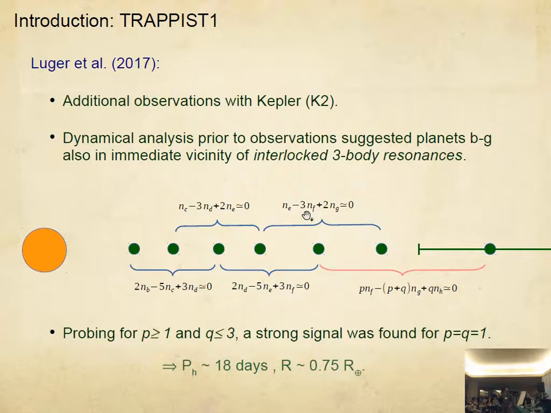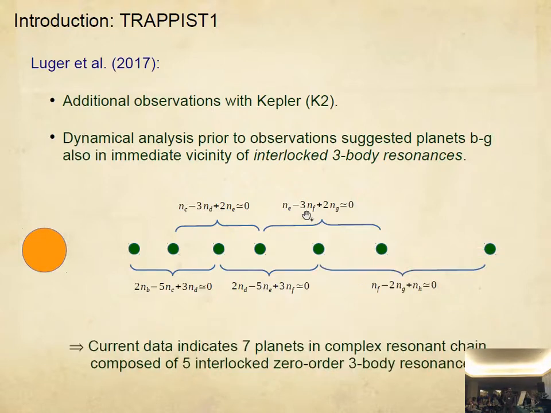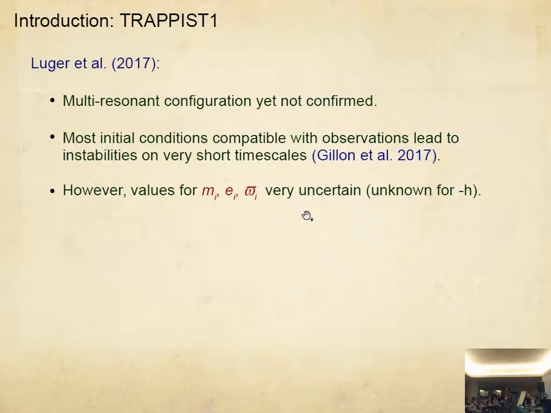And they found apparently that the best choice was p and q equal to 1, which gave a planet with a period around 18 days, which was one of the first options for the original 2016 fit. So now we have the system, 7 planets interlocked in 5 zero-order 3-body resonances, which is a very remarkable, very unique system. This is not yet confirmed.